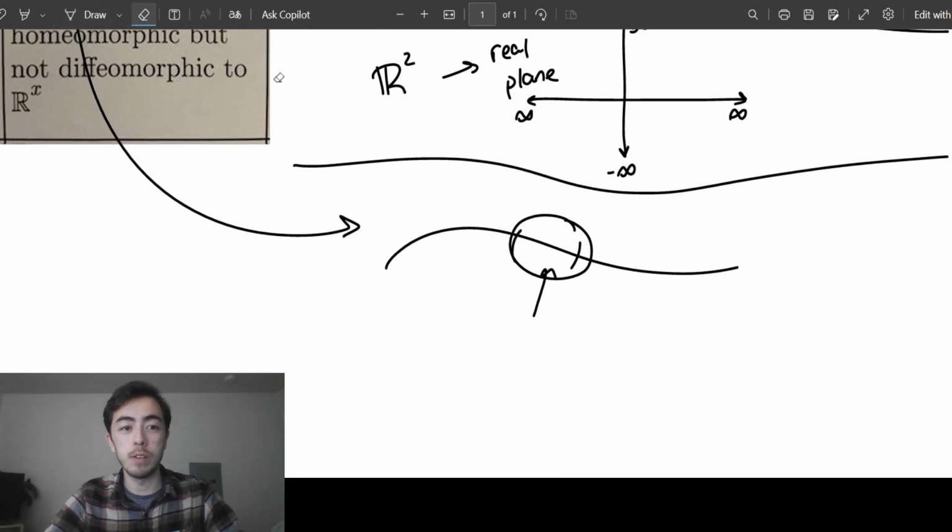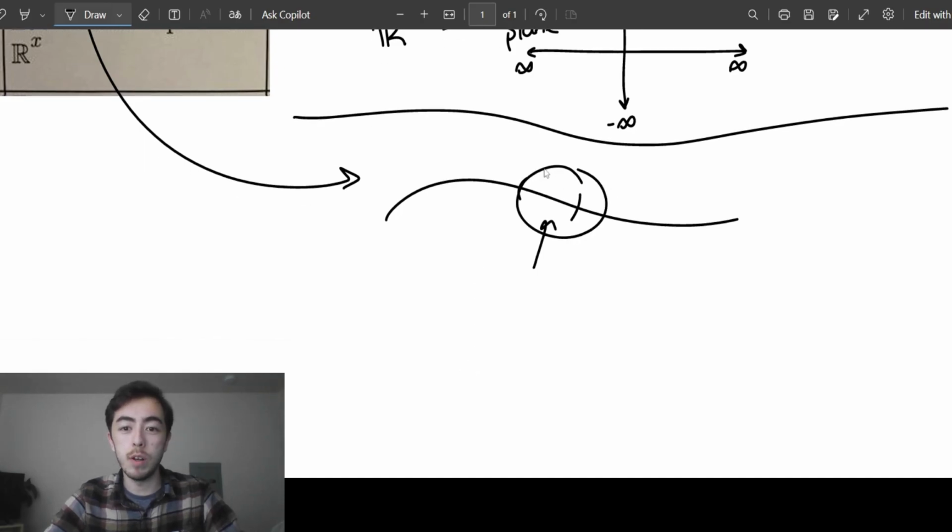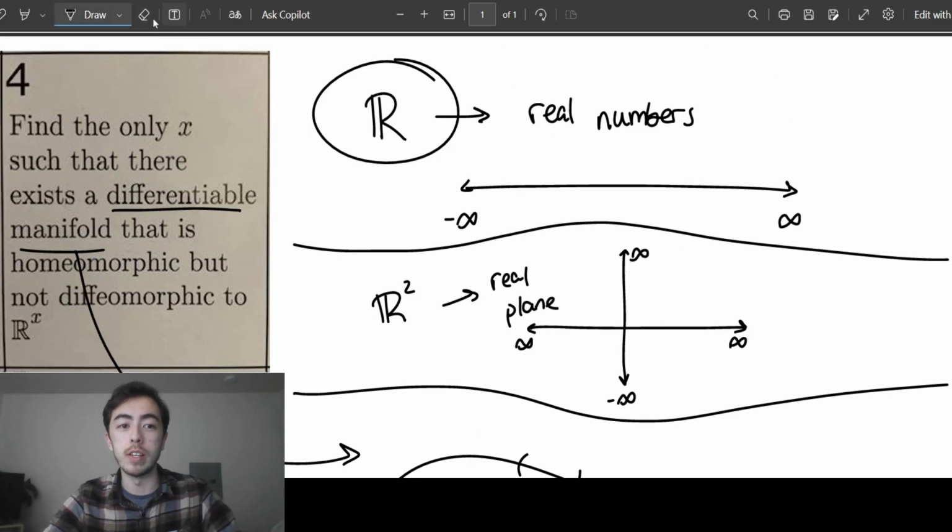And so this curve, this squiggle that I drew, is considered a manifold because on the small scale, this behaves similarly to one of these R's with maybe an exponent on it.